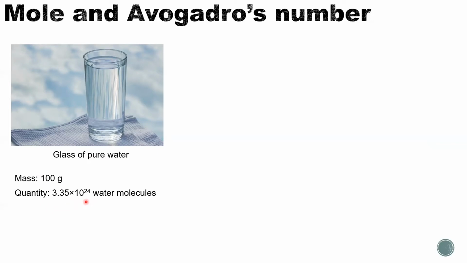As you can see, this number is very big, and it's not convenient if we want to refer to the quantity of water molecules. So we can convert that into a more proper unit to refer to the quantity. Instead of saying this big number, we can say this amount of water is 5.56 mole of water.